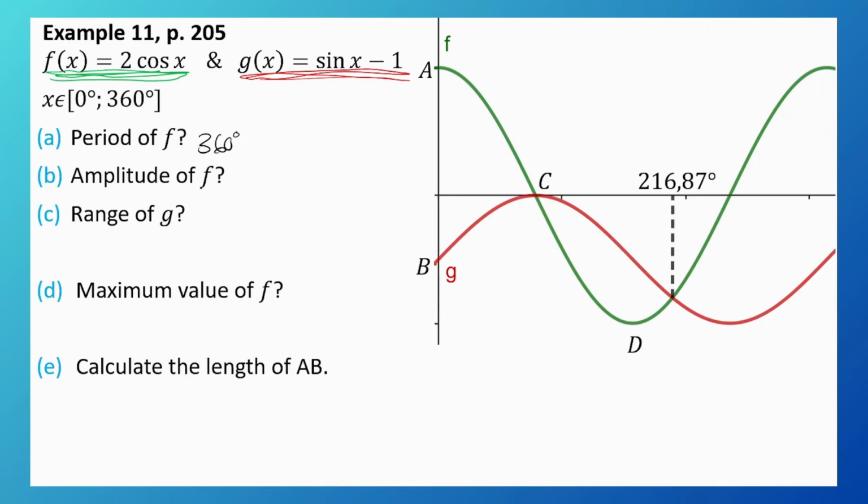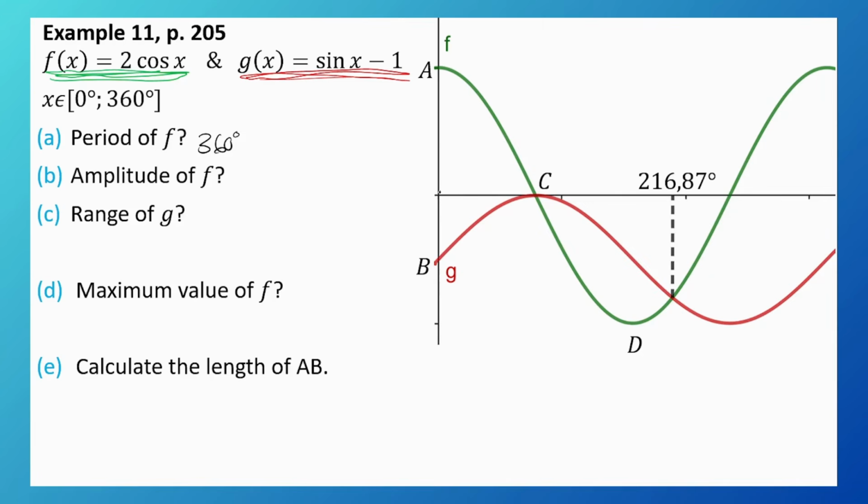Amplitude of f. So amplitude is the distance between where the middle of the graph is, or the point of equilibrium, which is a very fancy word for where the graph is balanced, the point around which the graph is revolving. So that's the x-axis in this case, because the graph is not moved up or down.